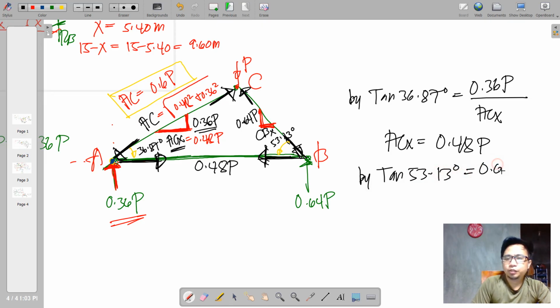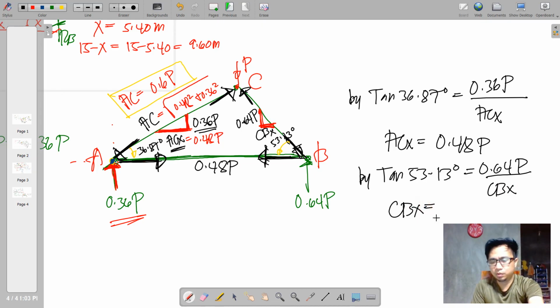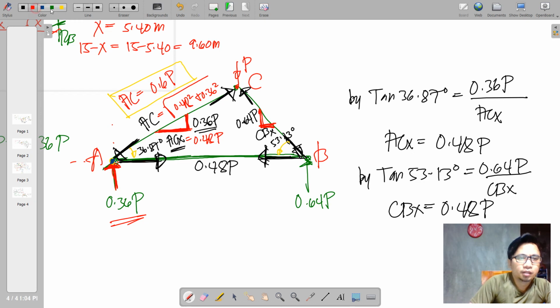Opposite to that is 0.64 of P, and we are after CBX, and CBX is equal to 0.48 of P, and actually we can place it here, 0.48 of P. And if we notice, it coincides with the 0.48 going to the left, and 0.48 going to the right for this diagonal member.